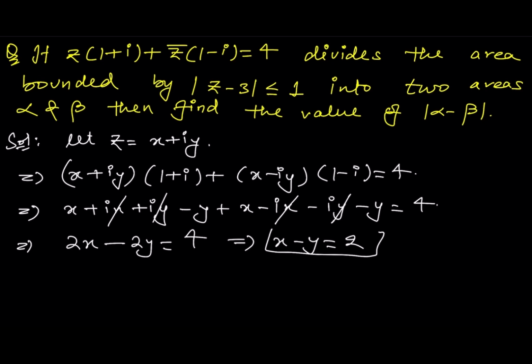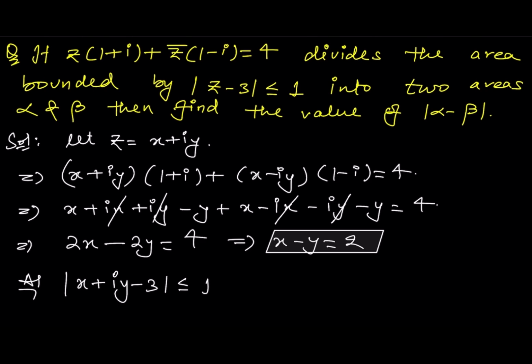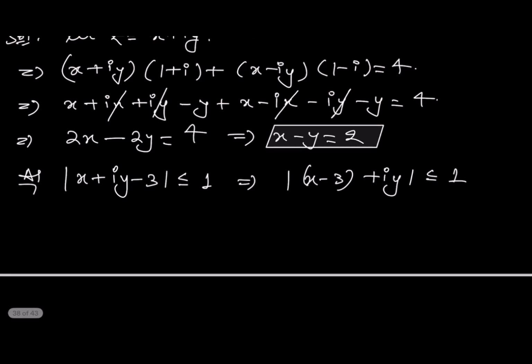So this is a straight line having slope 1, right? Also, if I put z is equal to x plus iota y in the second, then it will become mod of x plus iota y minus 3 less than or equal to 1, which will give you mod of (x minus 3) plus iota y less than or equal to 1, right?